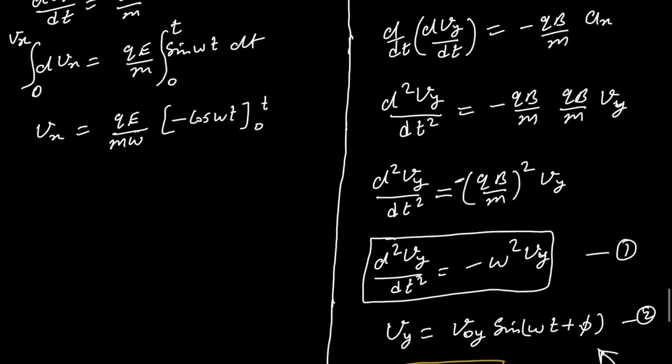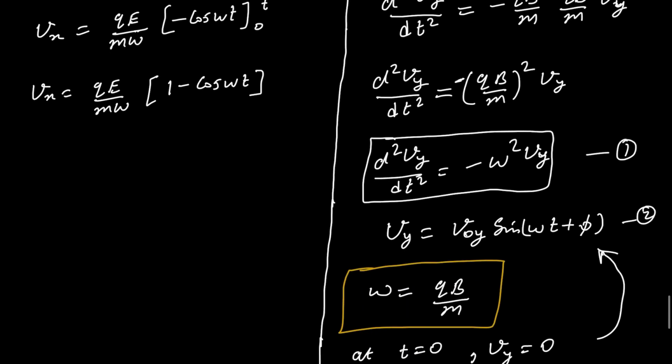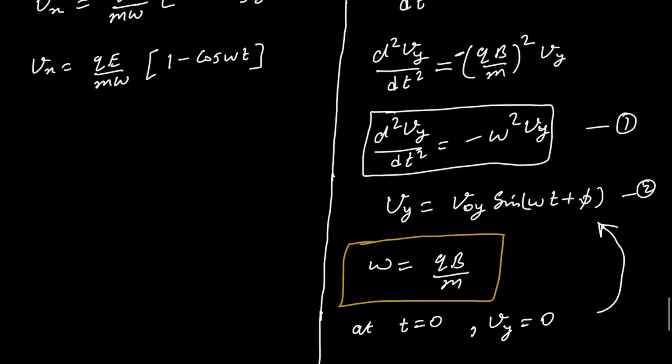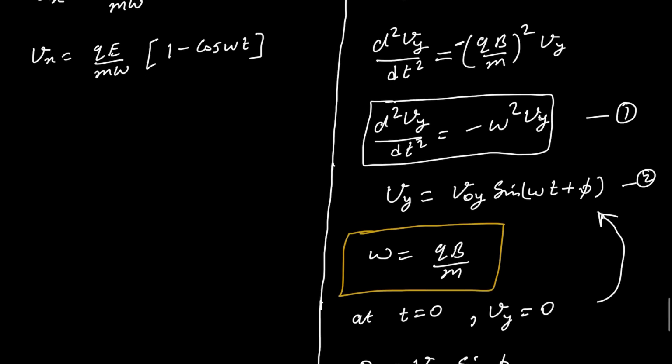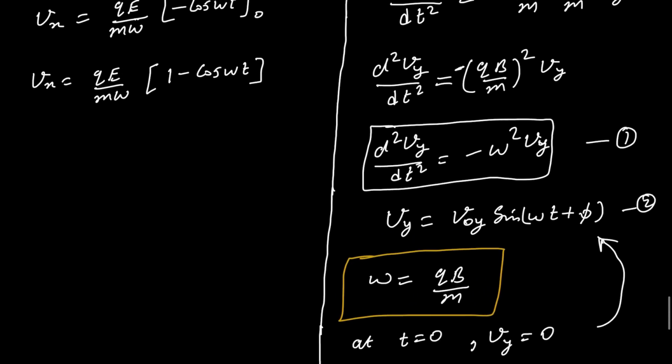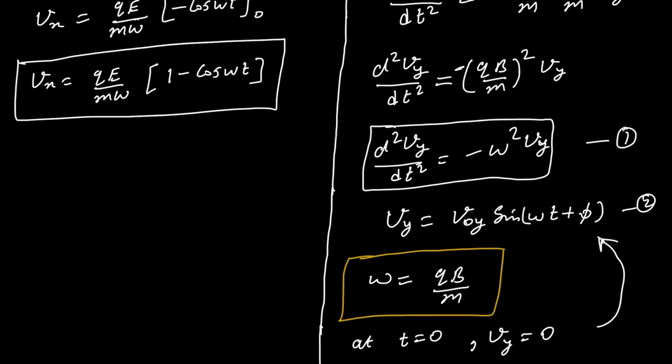Now putting limits, what we'll find again is qE by m omega. Now converting limits, I am taking out this minus sign, and on putting limits, what we'll get is 1 minus cos omega t. So this is Vx. This is what we have found along the x-axis. And now let's see what the value of qE by m omega is. So this is Vx. As we can see, velocity is also doing SHM along the x-axis.